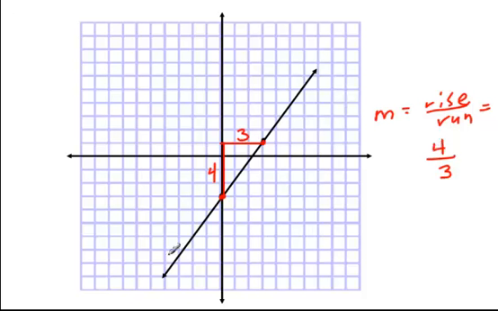Okay? We know the slope going up and to the right is positive. So if I do, let's say this one, here's a point, and there's a point, and I create this graph.